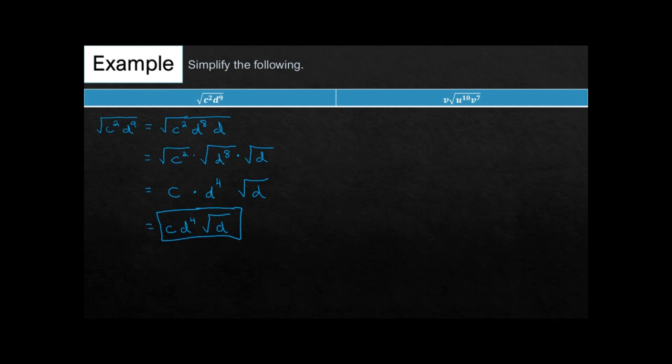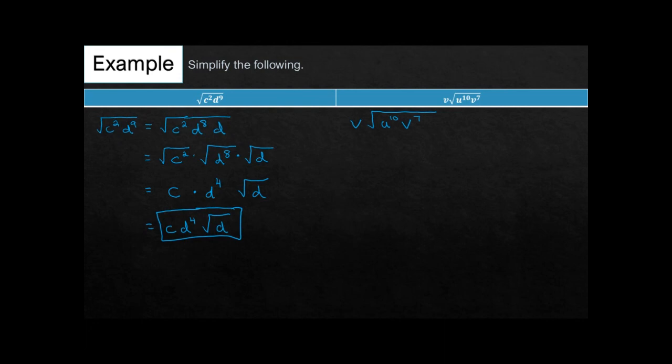So on the right, I have v times the square root of u to the 10th, v to the 7th. So u to the 10th, I can divide the exponent of 10 by 2, so that's okay. V to the 7th, I need to rewrite.